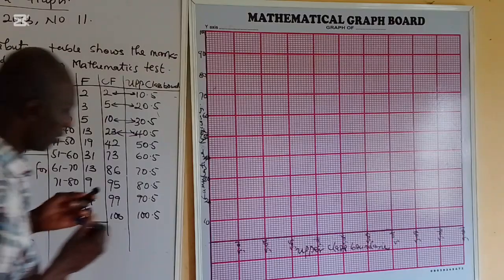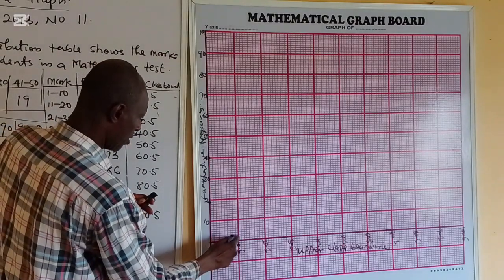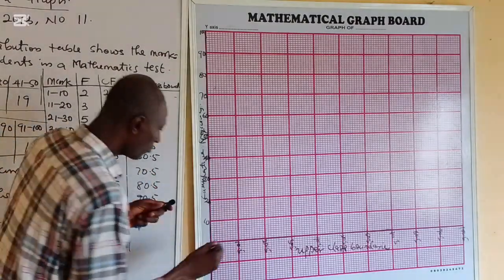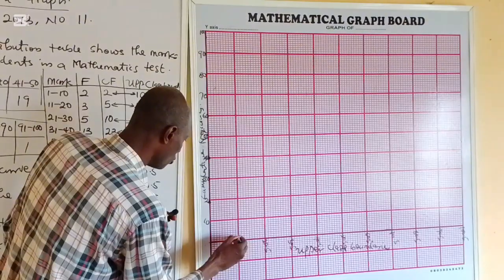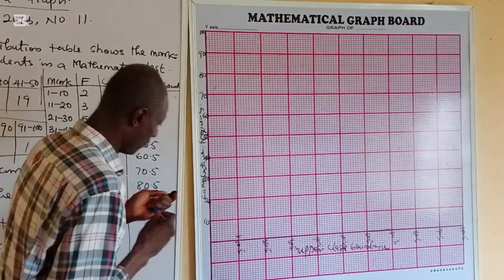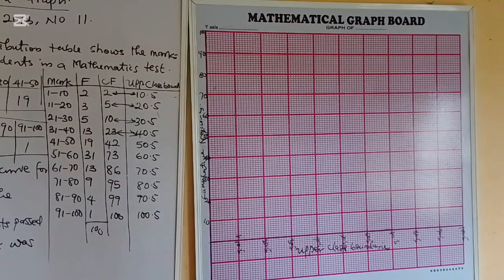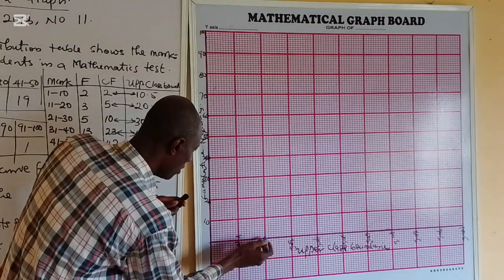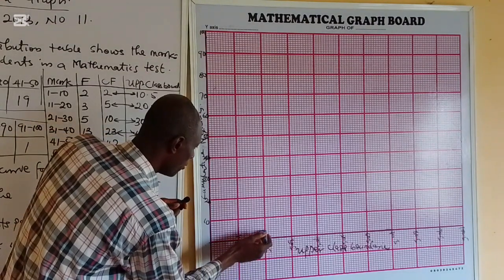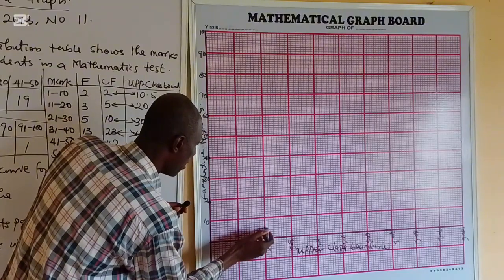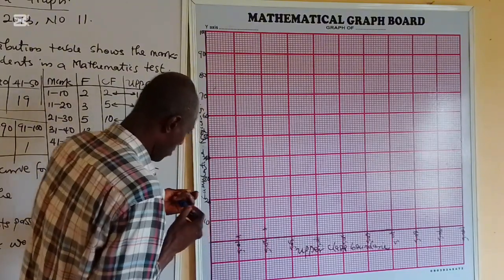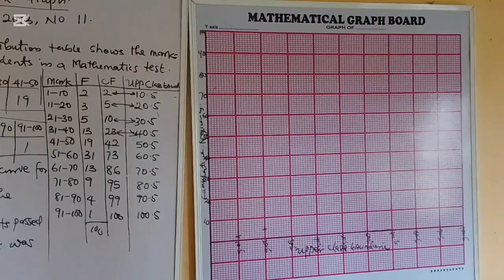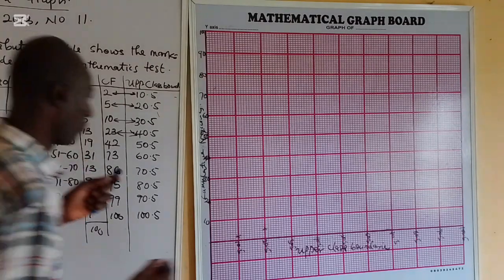It is 2. So I count 1, 2 and mark that place. When it is 20.5, it is 5. I will mark there. When it is 30.5, it is 10.